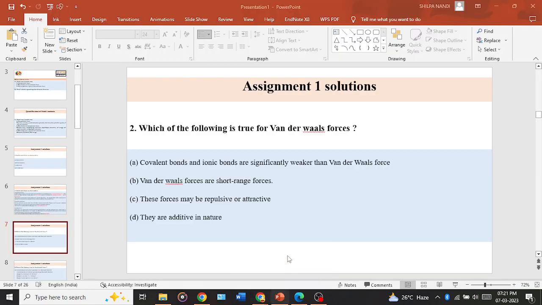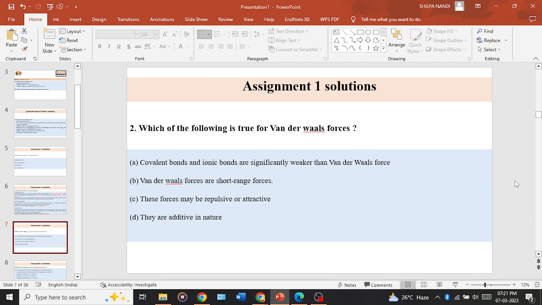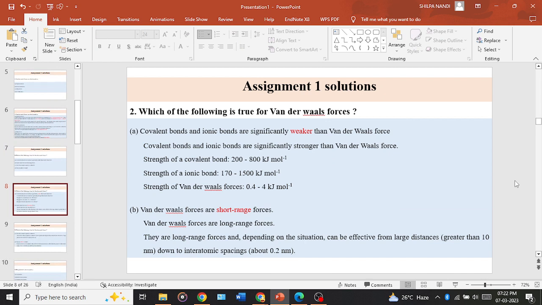Okay, so the correct answer for this is option C, that is, these forces may be repulsive or attractive. Why option C is correct and why the other options are not, we'll discuss. Option A says that covalent bonds and ionic bonds are significantly weaker than van der Waals forces, which is not true. Covalent and ionic bonds are significantly stronger than van der Waals forces.